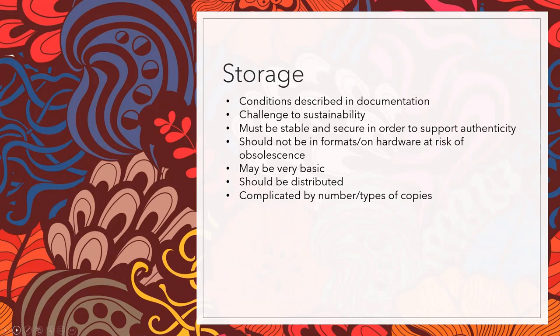So that can add up really quickly. And then you have to pay for all that storage, and it can really start to snowball. So it's just something you have to keep in mind. You're not only providing storage for one copy of a record, but likely multiple copies as well. So that's why, as I mentioned before, storage can be a big challenge to sustainability, because all this stuff can really add up.